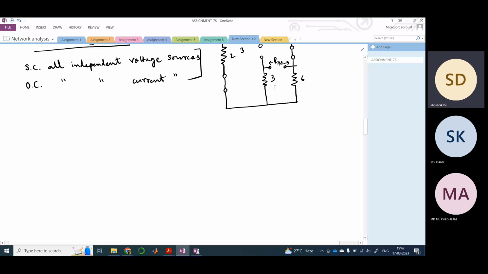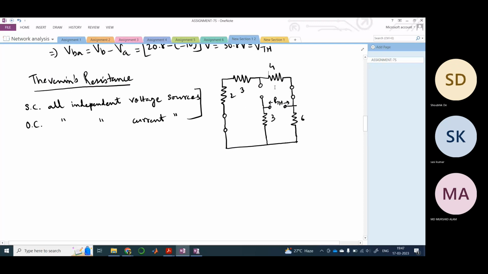So if we redraw this circuit, right, here we have this 3 ohm, and then we have this 6 ohm resistor.